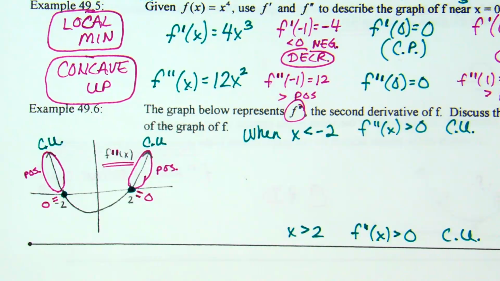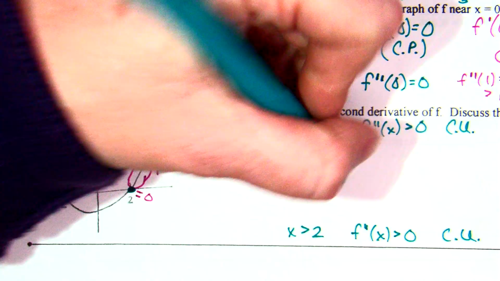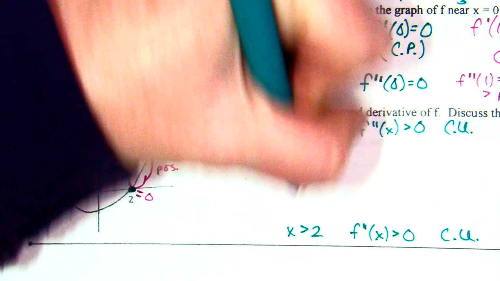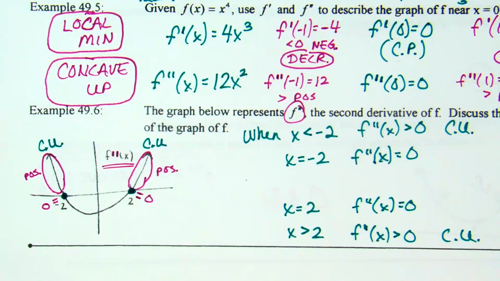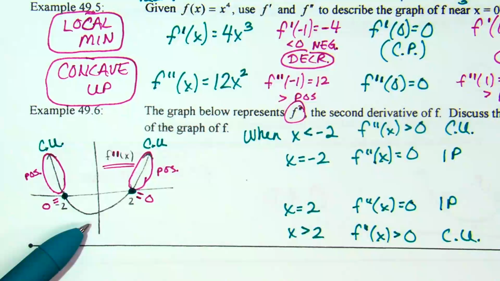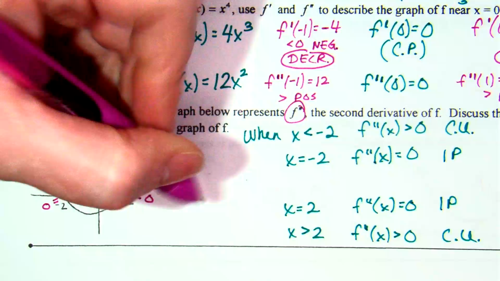When x equals negative 2 and when x equals positive 2, the second derivative is 0. And we're going to be talking inflection points here, because my concavity changes at those points.